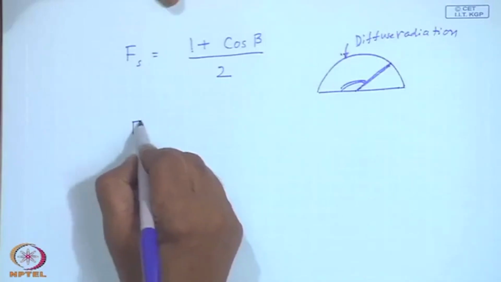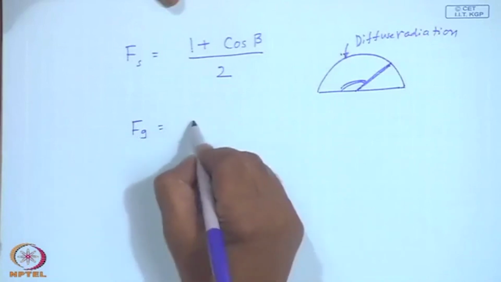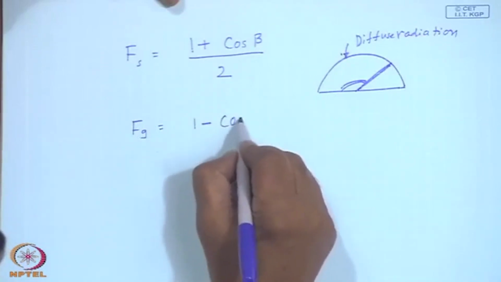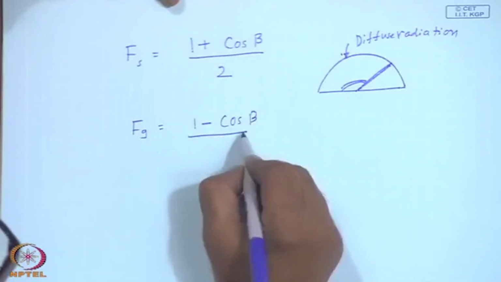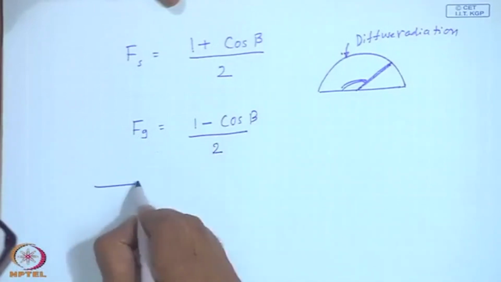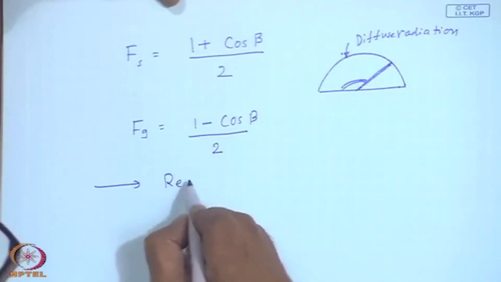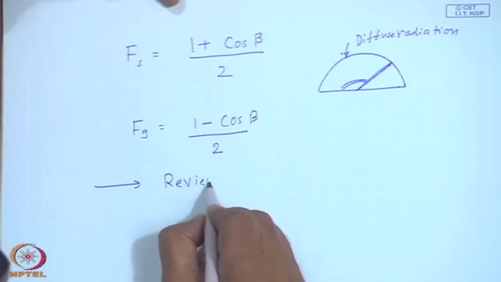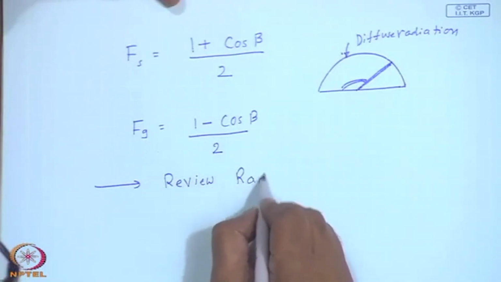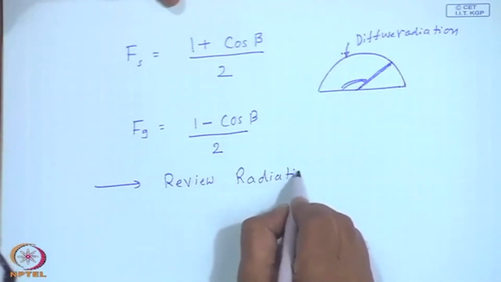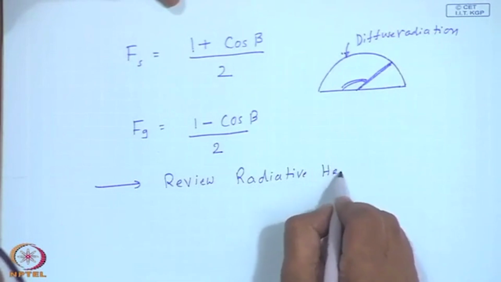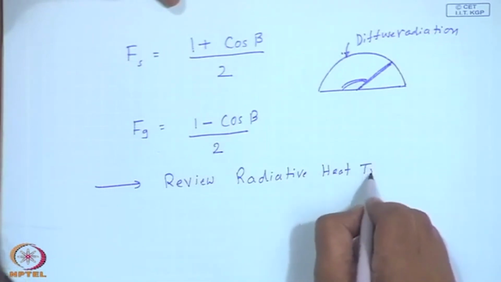Then Fg is again 1 minus cos beta by 2. You should review radiative heat transfer, where the view factors are given.